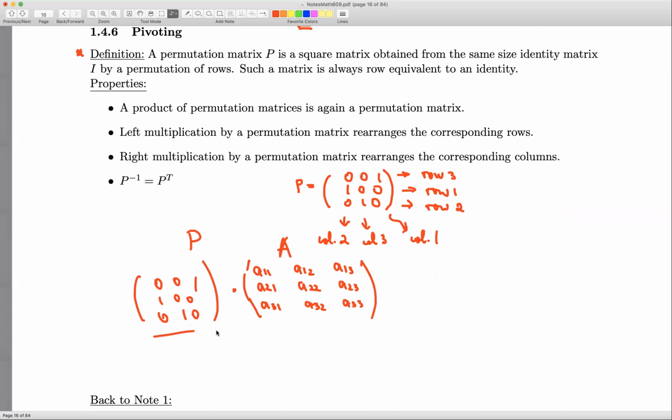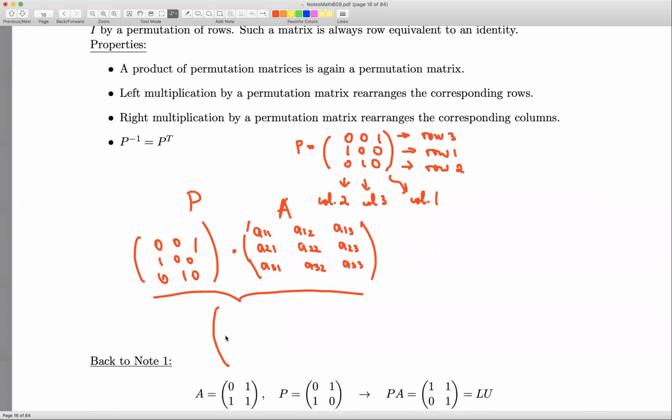If we do the multiplication, we will see here that on the first row will actually be the third row. So we'll have A31, A32, A33, because when you multiply this row by all the columns, we pull out row number 3 to be on the first position.